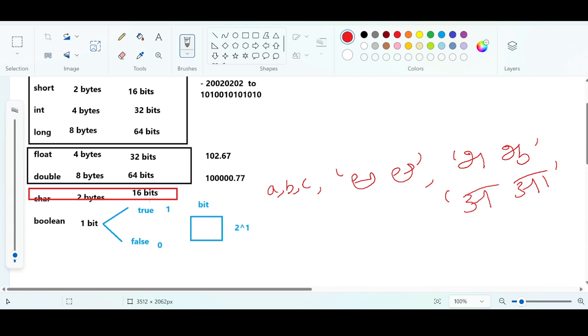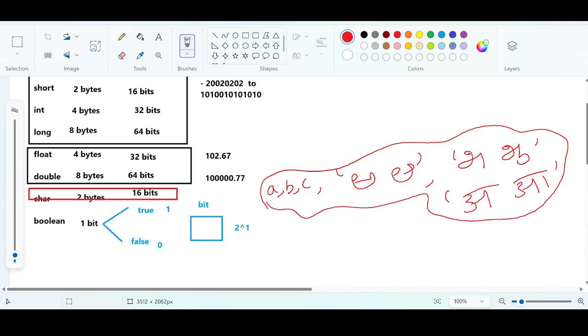So it is going to support almost all the major international languages. I will also help you to write the letters in Telugu, in Tamil, in Hindi by using the char data type. We are going to discuss each and everything in detail in the future.